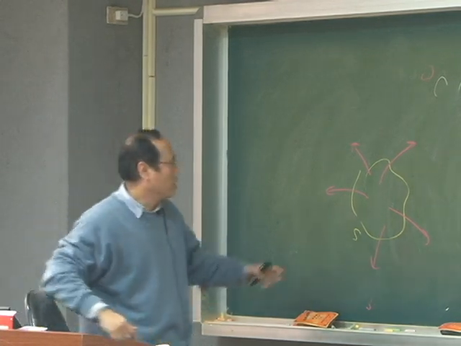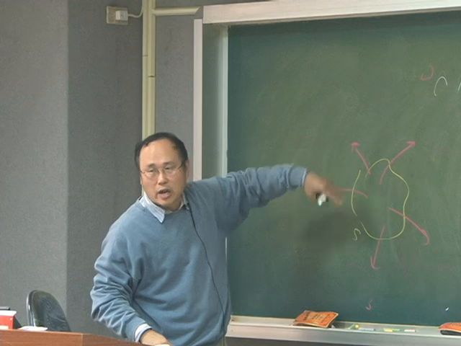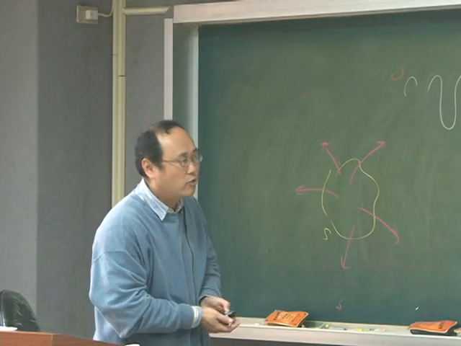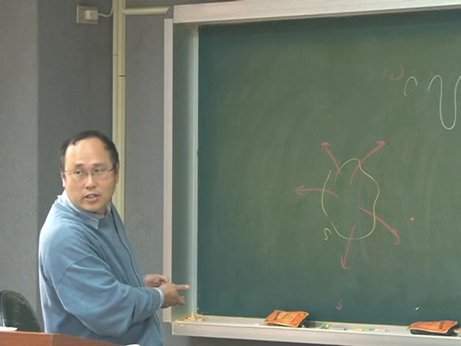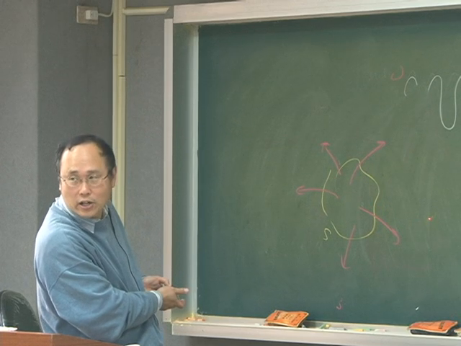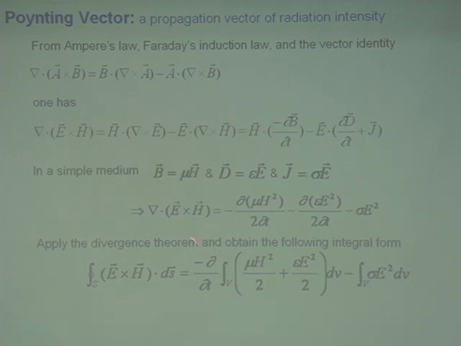If you have a radiation either going out or coming in, the time change of the electromagnetic energy inside this volume is going to change with time. So the left-hand side is the radiation energy going out or coming in, which equals the time change of the electromagnetic energy inside, plus the ohmic loss inside.